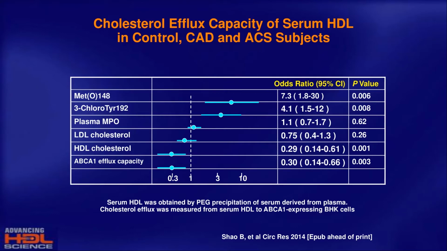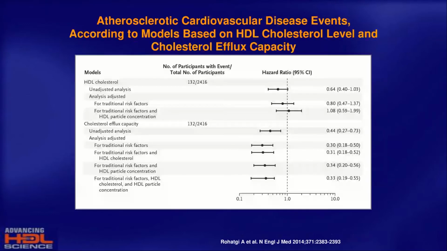Plasma myeloperoxidase, which some people think they can measure for HDL functional properties, is not associated in this study. Inverse relationship between HDL cholesterol and events and ABCA1 efflux capacity, as shown in the last line.